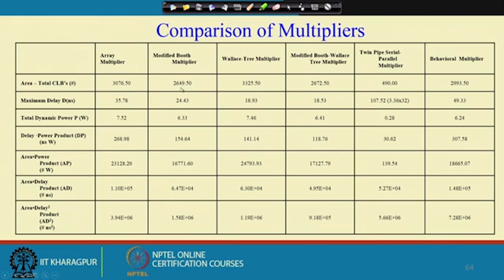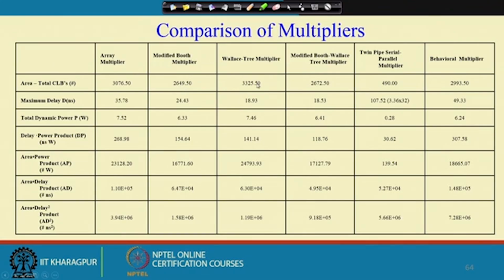If I consider the parallel architecture, it gives the lowest possible area requirement, but the delay requirement is 24.43, whereas the delay for this one is 18.53. In the Booth multiplier the area requirement is lesser.